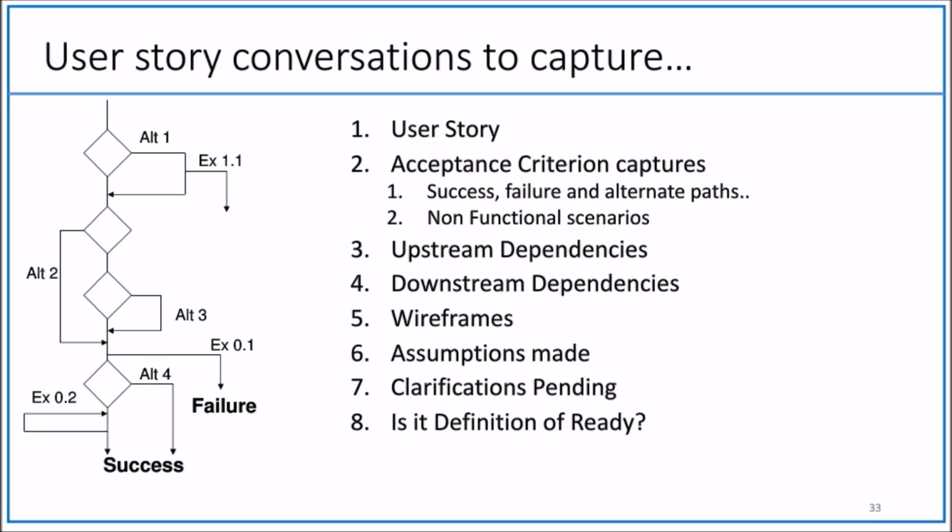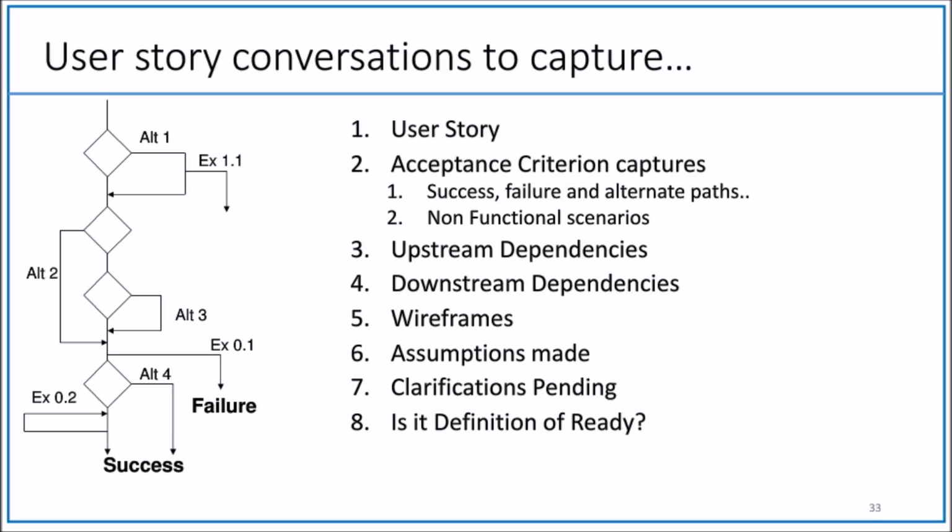Is it definition of ready or not? So these are the different levers you want to have in mind while grooming, while refining a user story. And all these things need to be captured in a tool like VersionOne, Rally, Jira, with minimum possible documentation. But your conversation should focus upon all those things.